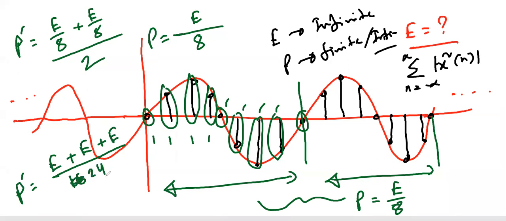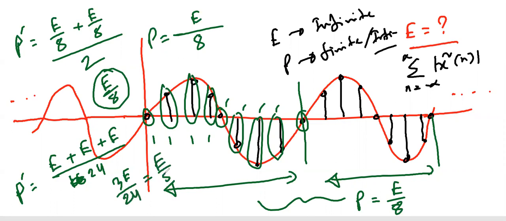So since E divided by 8 is a finite value, thrice E divided by 24 is also equal to E by 8. So always the power should be equal to E by 8.